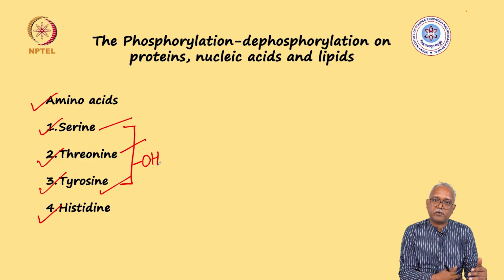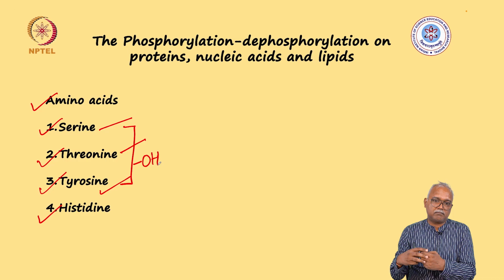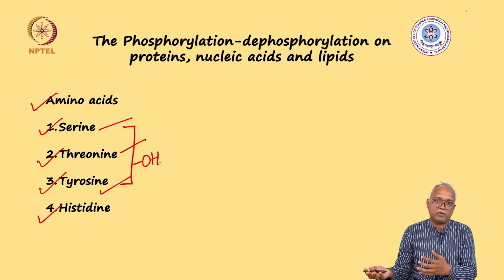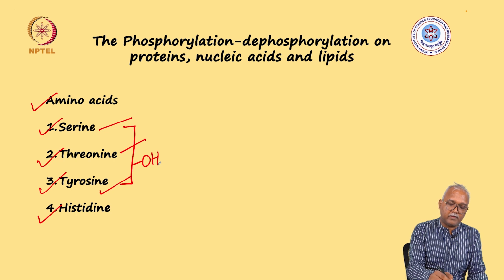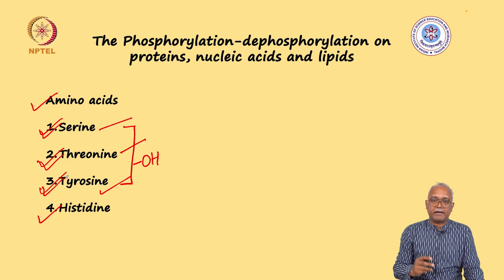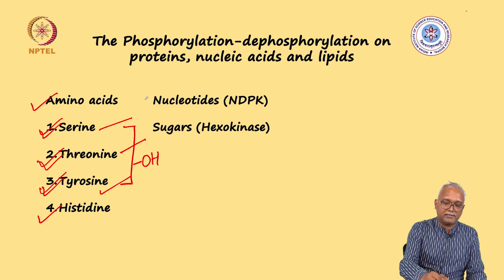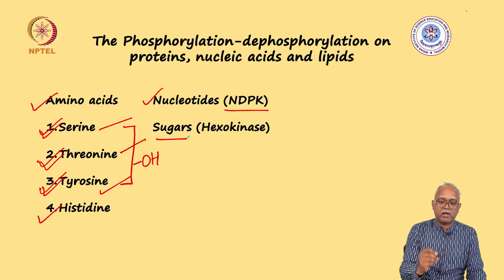So whether it is a proteinaceous signal, the receptor which is getting phosphorylated, or effector molecules, if proteinaceous in nature, phosphorylation is probably happening at these places to get the regulation going. Even nucleotides are phosphorylated by the enzyme nucleoside diphosphate kinase, and sugars are phosphorylated.